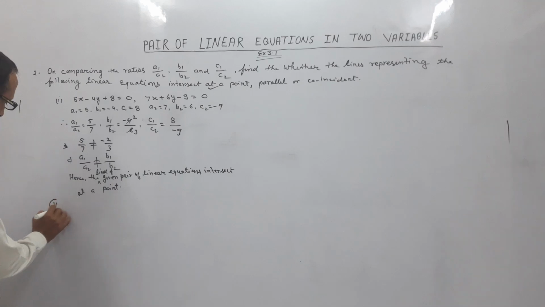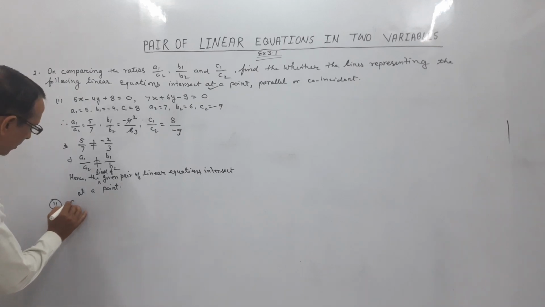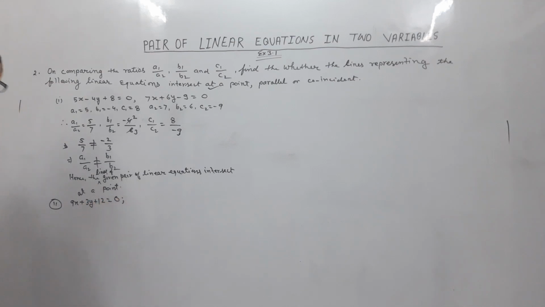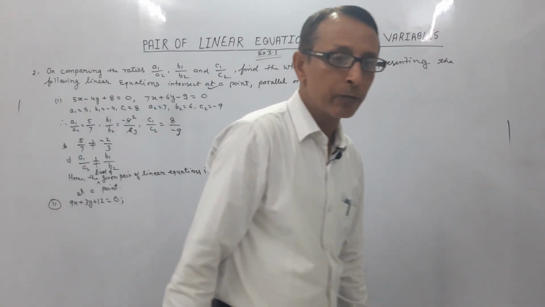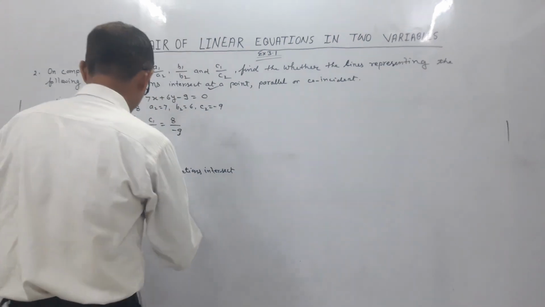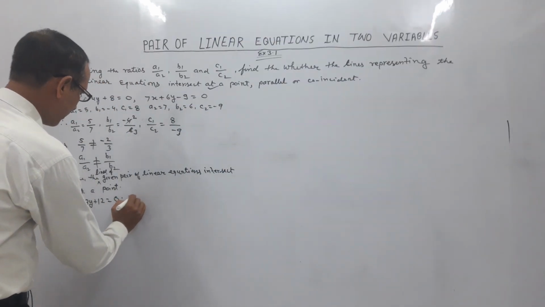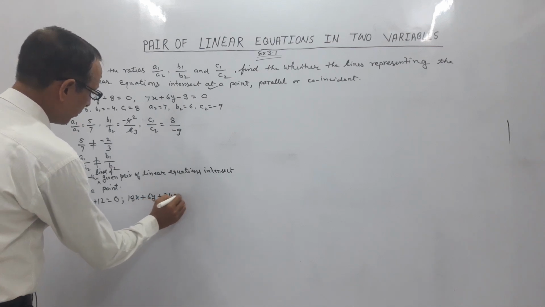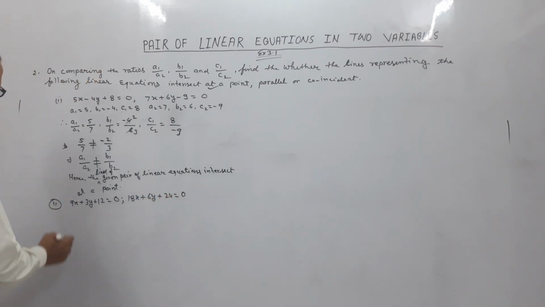Now question number 2. Question number 2, 9x plus 3y plus 12 equal to 0, and second equation is 18x plus 6y plus 24 equal to 0.